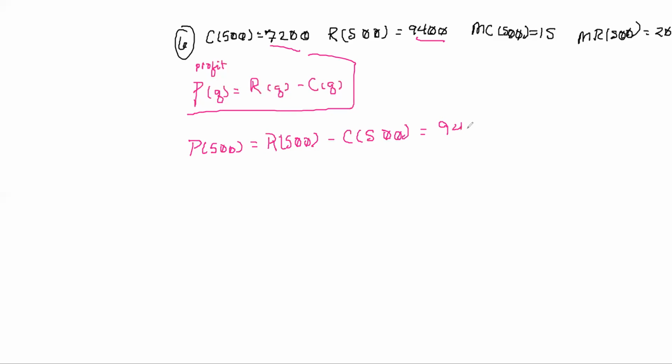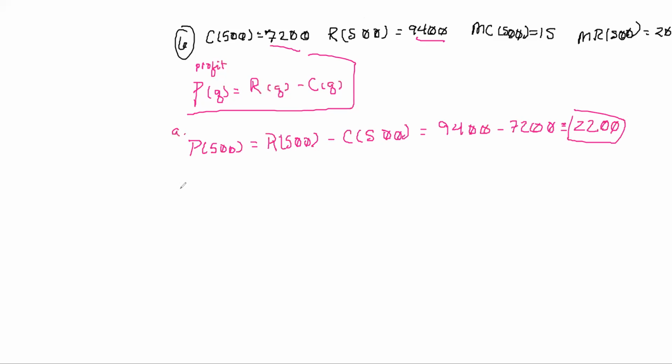So it'll be 9400 minus 7200. And so that is going to be 2200. Yep, exactly. This is part A.